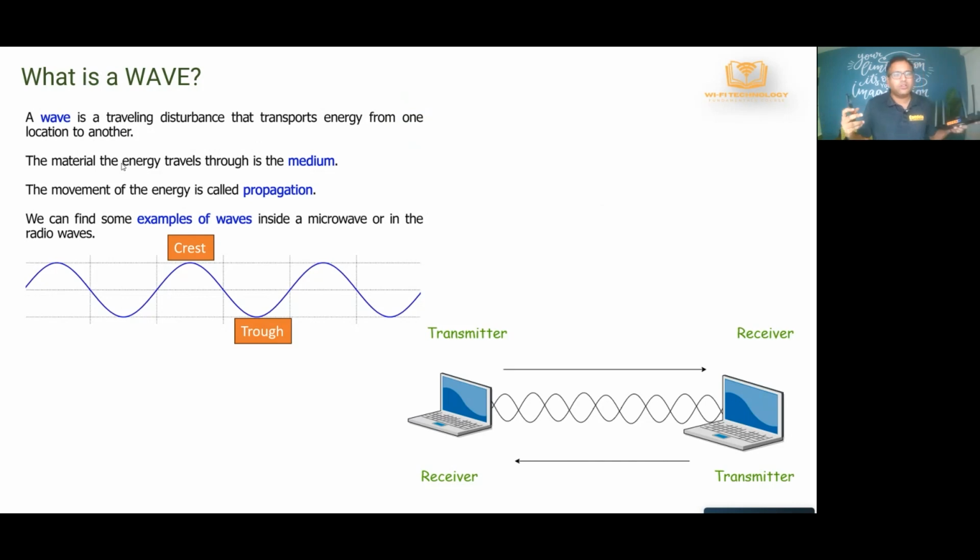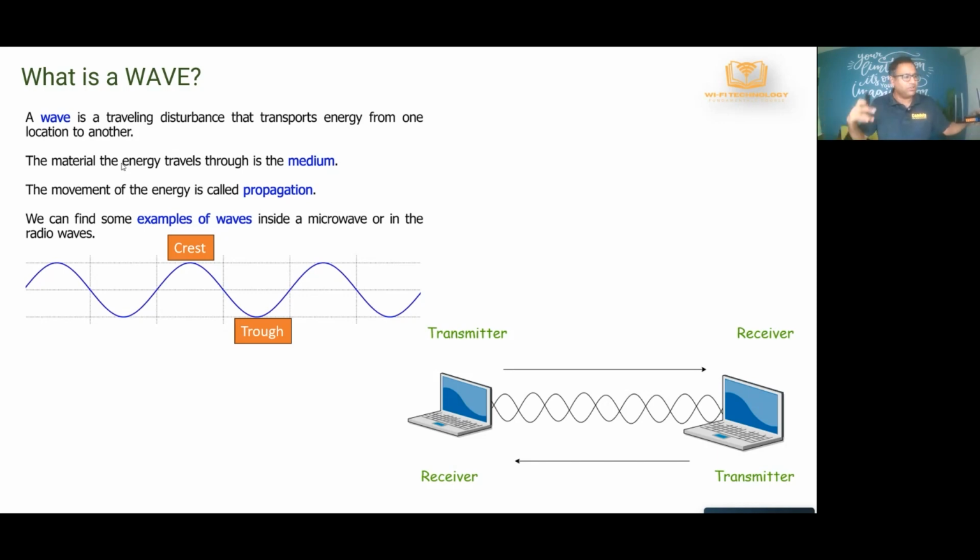Some terminology here. The energy being transmitted from the transmitter to receiver is called a wave, and the medium through which the wave is being propagated is called, obviously, the medium. In this case, the medium is a wireless medium because there are no wires attached.